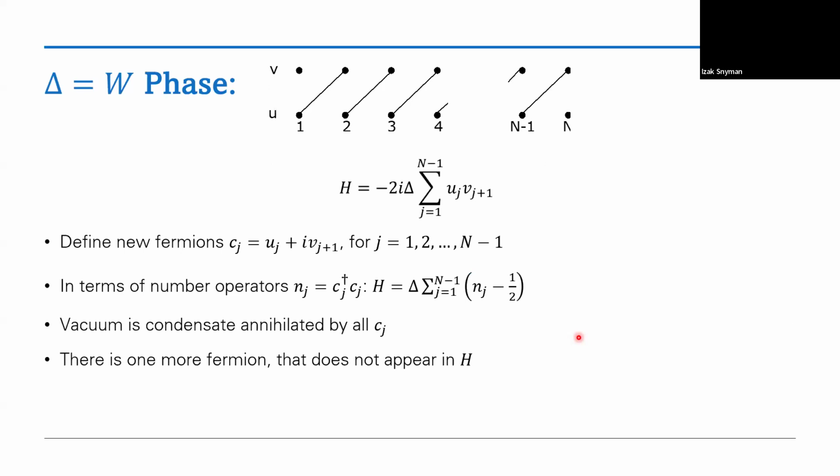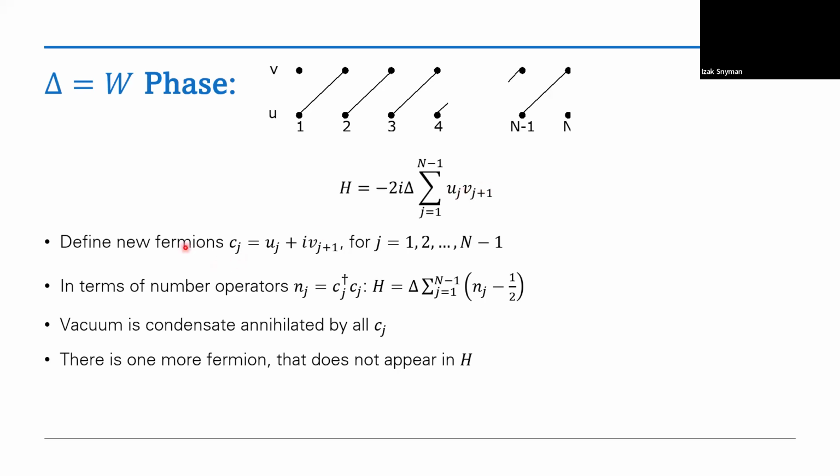Clearly we only have to consider one of these two cases, so we will set delta equal to W. Let's use this switch later. So then we only have these uj plus 1 terms in the Hamiltonian.